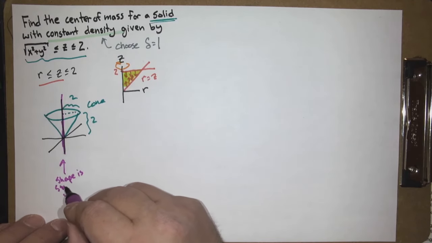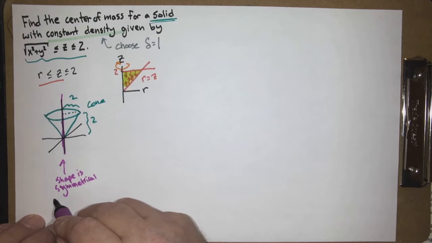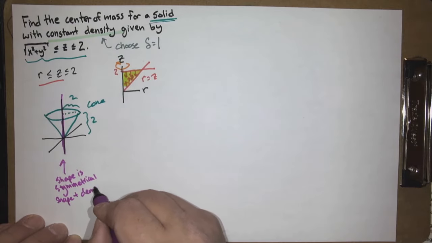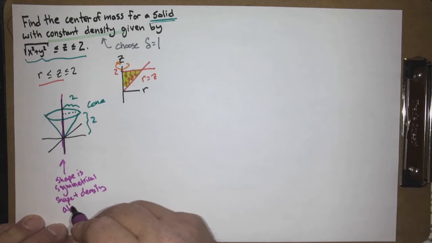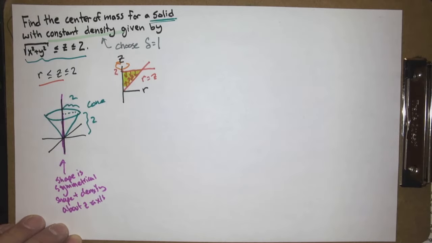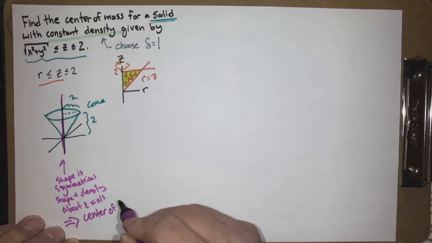That's because it's a beautiful shape, but it's also constant density. So shape plus density about the z-axis. What does that tell us? It tells us that the center of mass has to be on the z-axis.